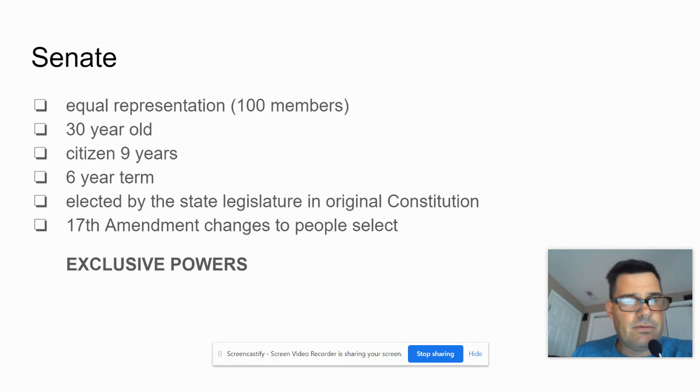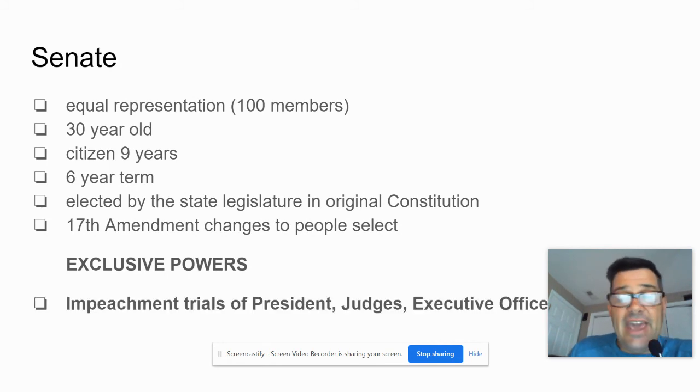Exclusive powers. All right. We already did the House. The House has the sole right to impeachment, but the Senate does the impeachment trials of the president, judges, that'll be federal judges by the way, and executive officers, those are the people who work for the president in his cabinet.